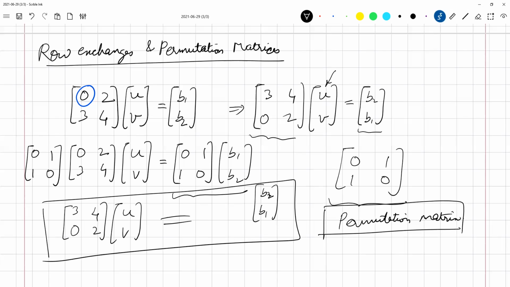It exchanges your rows. In case of a 2 by 2 matrix, how many permutation matrices can you have? Only 1, because you can only exchange your rows in one manner.